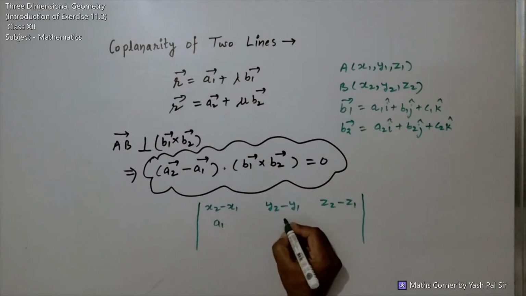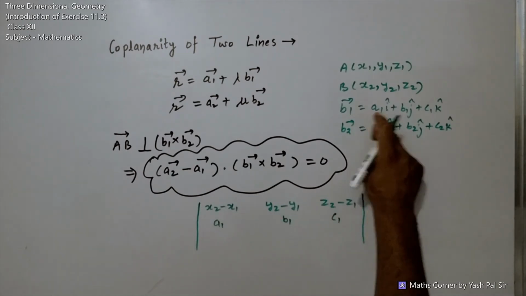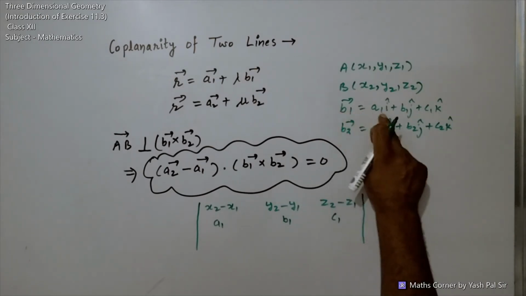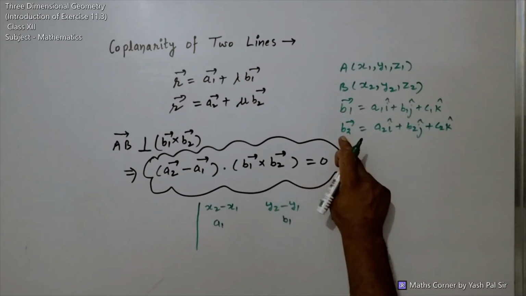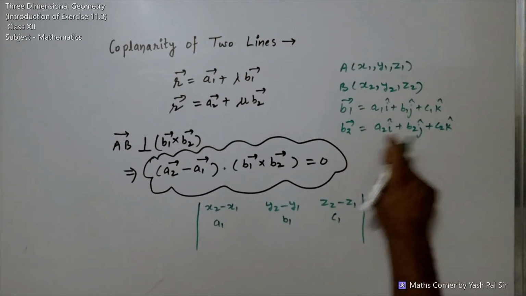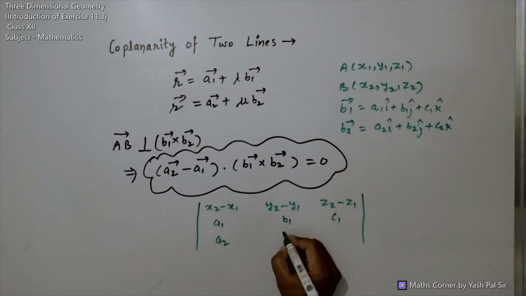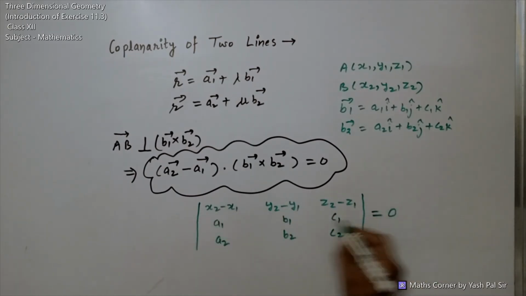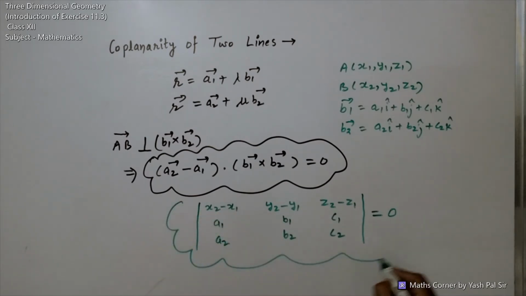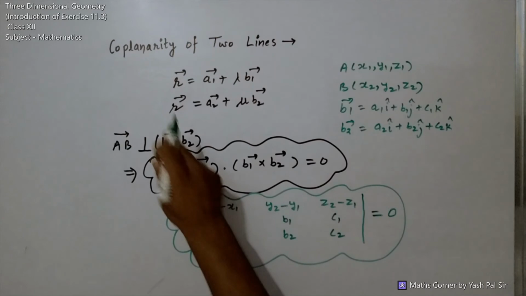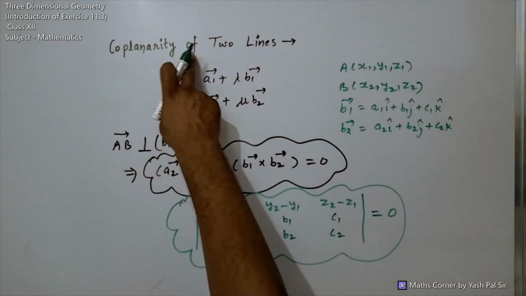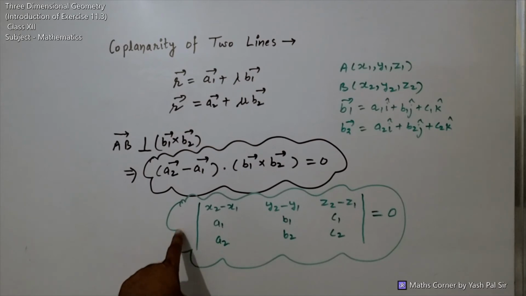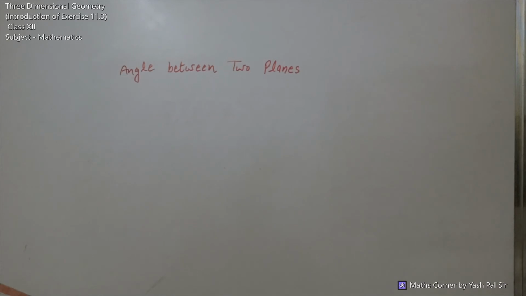So we write here the cross product of b1 cross b2: a1 b1 c1 are the scalar components of vector b1, and the scalar components of vector b2 are a2 b2 c2. This determinant is equal to 0. So this is the Cartesian form of the coplanarity of two lines. If two lines lie on the same plane, then this is the condition.